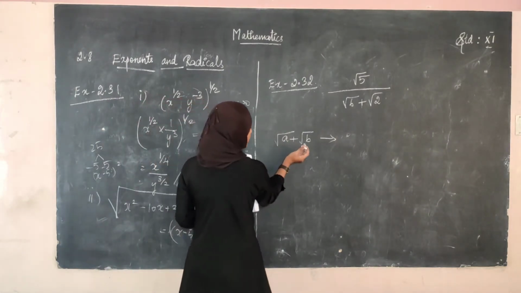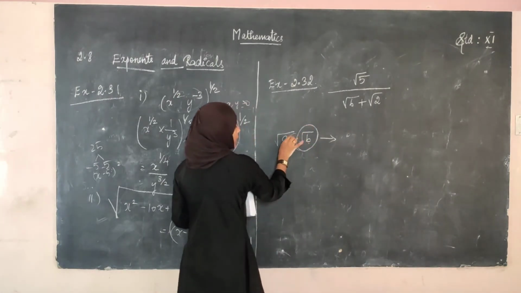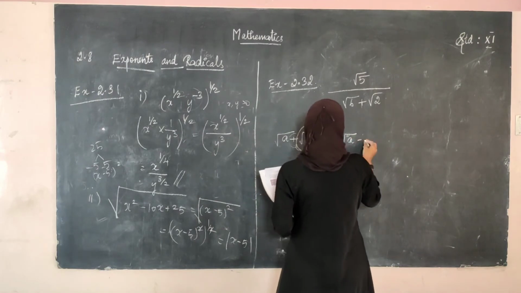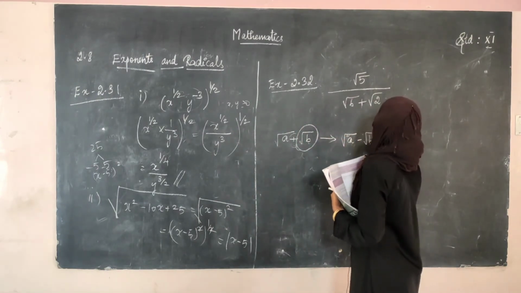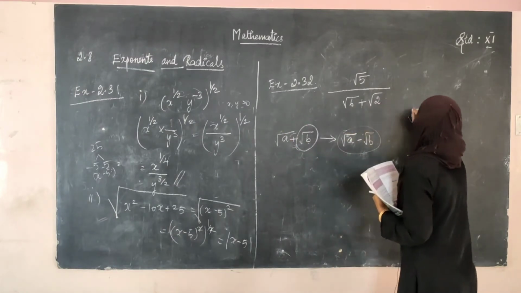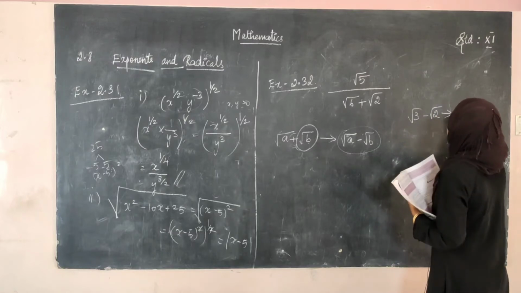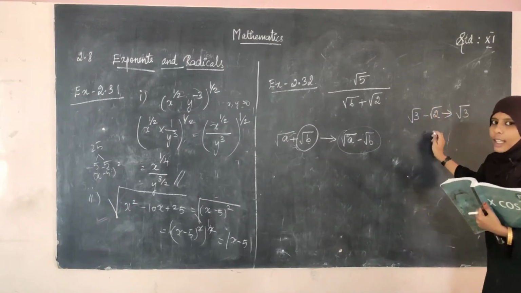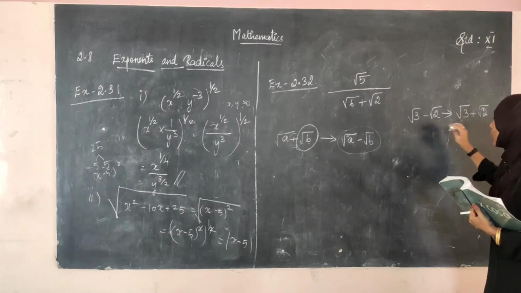The second term is there, and we only change its sign. The first term will be as it is, root a; its sign is plus, and when we change the sign it becomes minus root b. This term is the conjugate of this term. See here, root 3 minus root 2. What will be the conjugate of this? The first term should be written as it is, and the second term's sign should be changed: plus root 2. This is the conjugate of this.